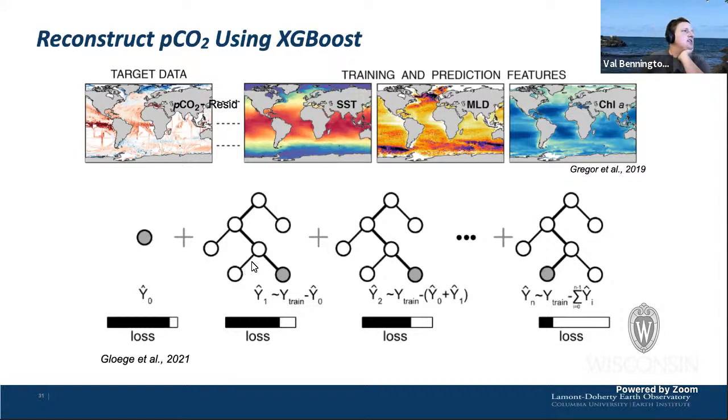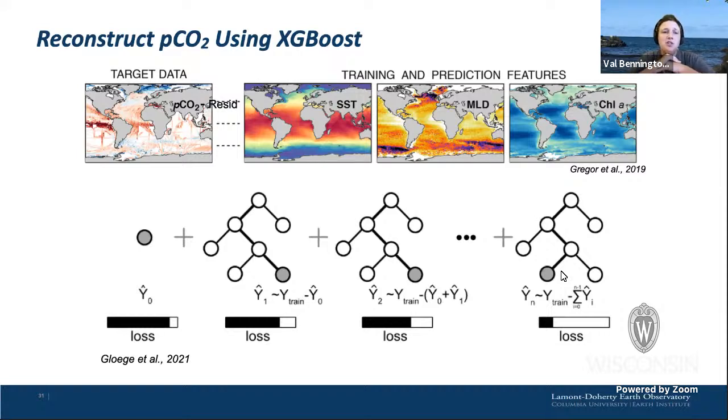And decision trees are added one by one until your training data is no more closer, but also there's a penalty for complexity. So you don't want to indefinitely keep adding decision trees. So there is a penalty for adding more and more decision trees. So that's called the regularization term.